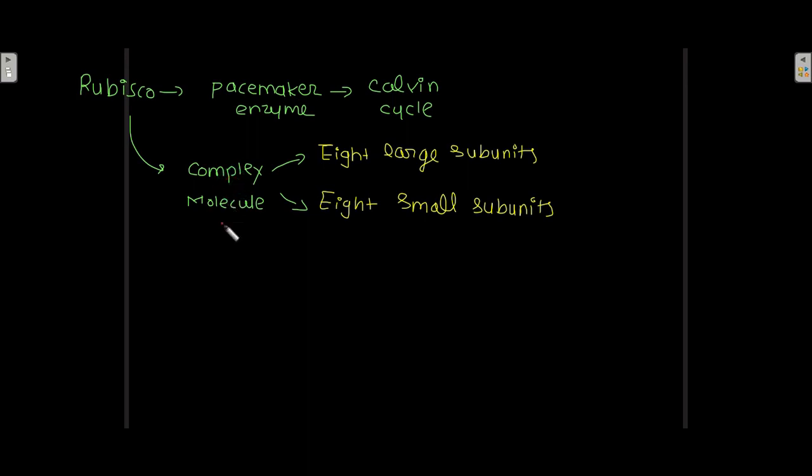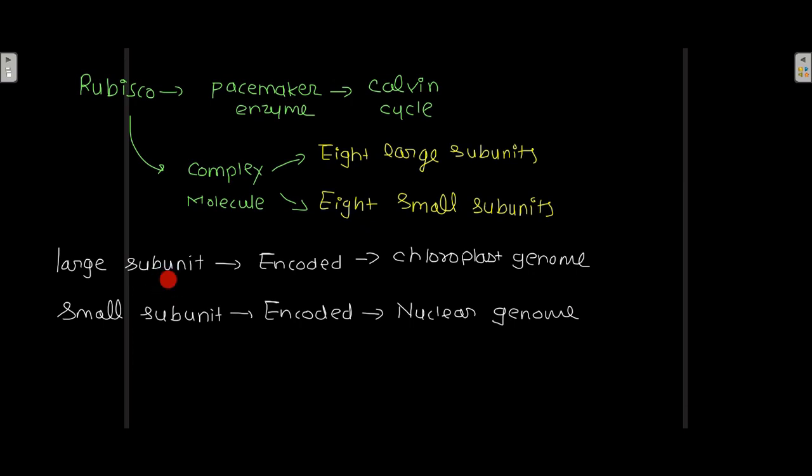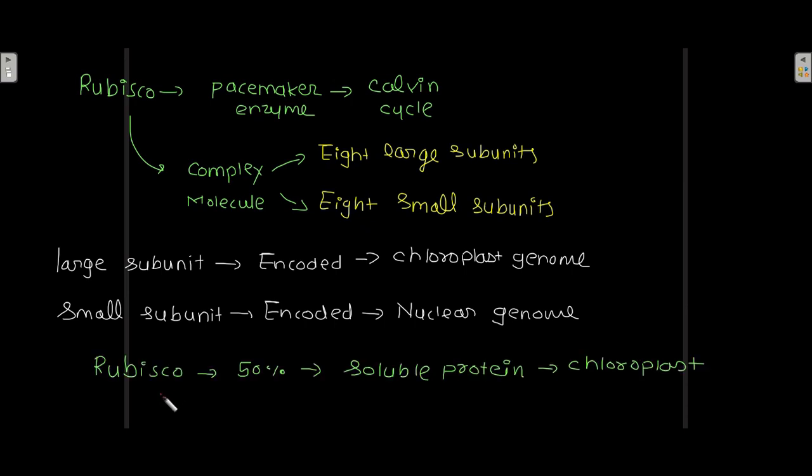RuBisco is a complex molecule. RuBisco is made up of 8 large subunits and 8 small subunits. Now the large subunit of the RuBisco enzyme is encoded by the chloroplast genome and the small subunit is encoded by the nuclear genome. RuBisco makes about 50% of the soluble protein in the chloroplast.